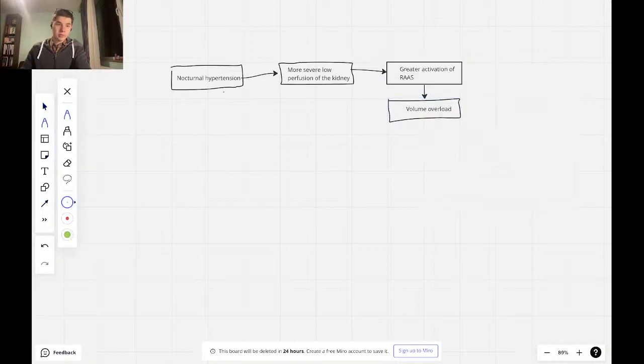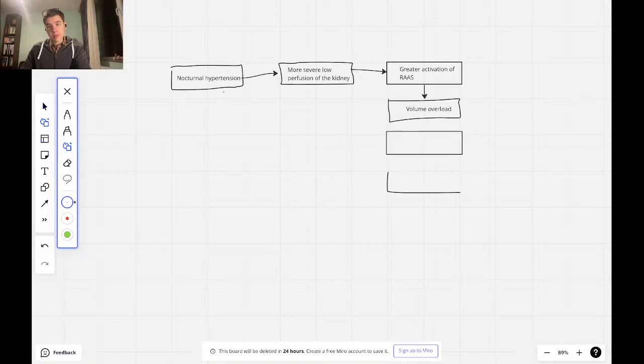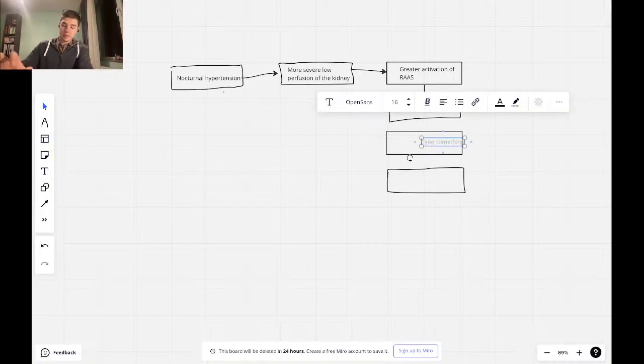Now, this volume overload will lead to what actually causes the flash pulmonary edema. Namely, it will lead to severe hypertension during the night.